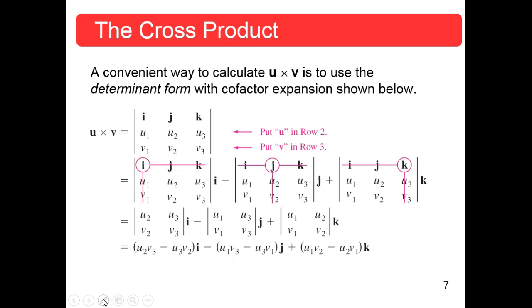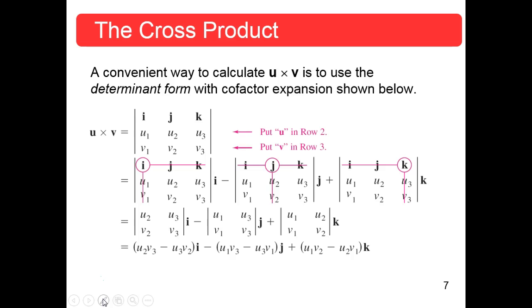And that's U2 V3, and then they do minus U3 V2, times the vector I. Okay? And what they're calling a cofactor expansion, that's the sign change. That's the plus minus plus minus plus.